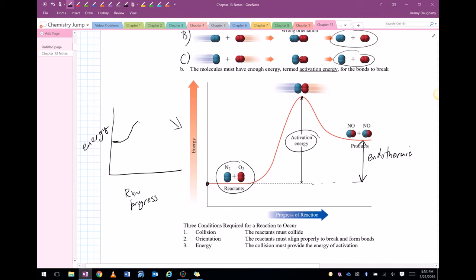They're going to require a certain amount of energy for the reaction to happen. So again, that's what's called the activation energy. And then for an exothermic reaction, they're going to end up with less energy than what they started out with. But this amount of energy right here, this is still the activation energy. It's often given the symbol of E sub A, activation energy.